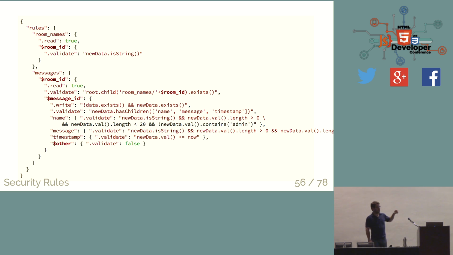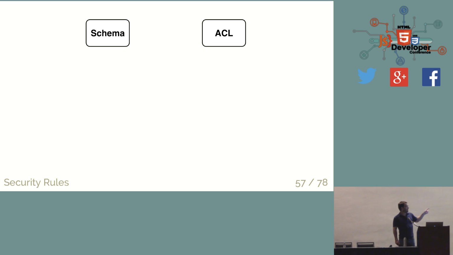It's by having these security rules that dictate what the clients are and are not allowed to do. I don't want to spend time on this because I think it kind of sucks. What's actually going on in there is we have a schema and we have the access control. And those things are different.